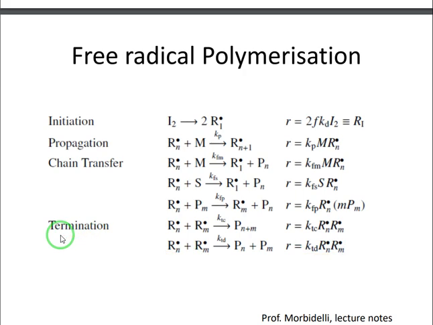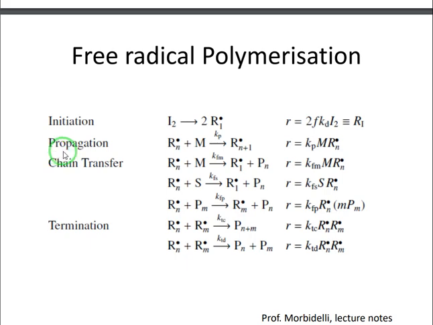So what we are going to do is decrease the kinetics of the termination as much as possible, in order to make sure that the propagation occurs in a more controlled way.